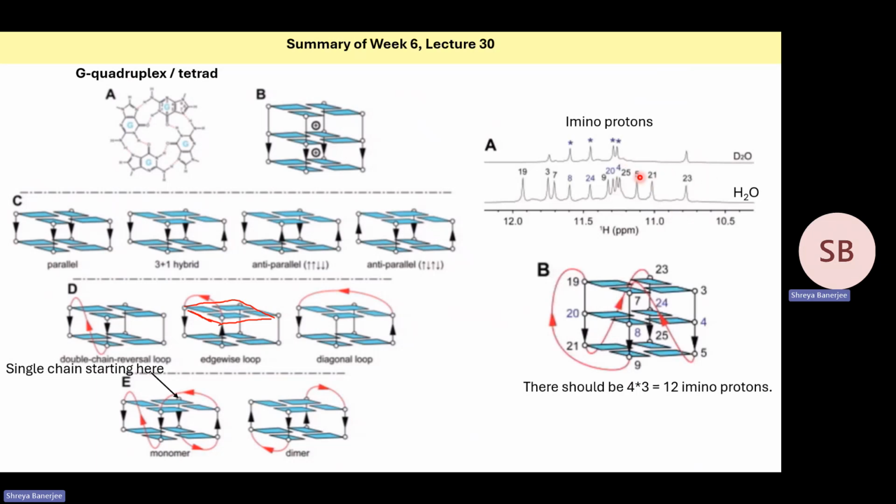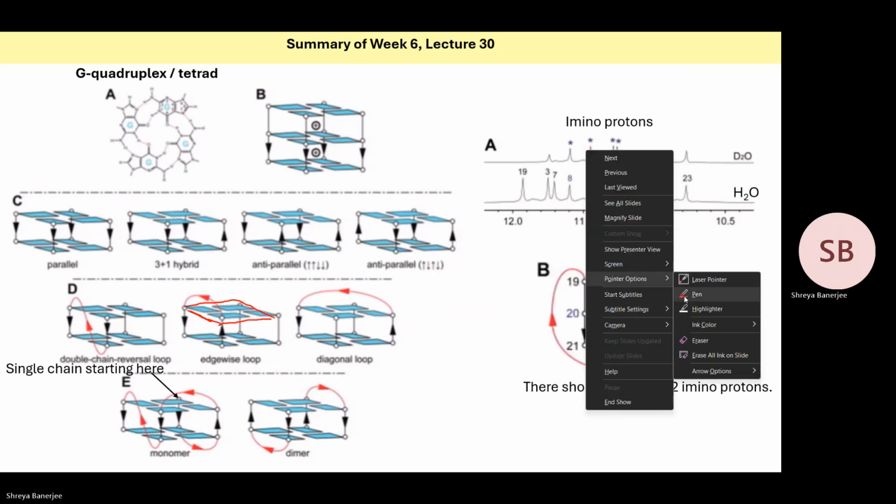Now, one thing to remember is that when you're looking at the imino protons, you will see many more imino protons in water. We have already discussed that if protons exchange with D2O, the signal of that proton will disappear.